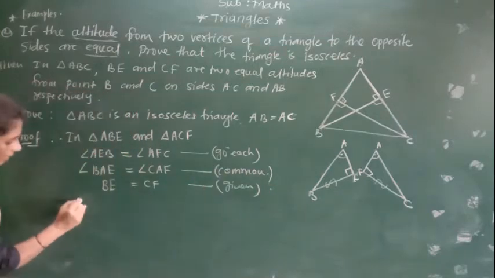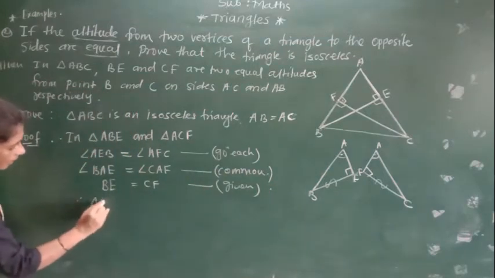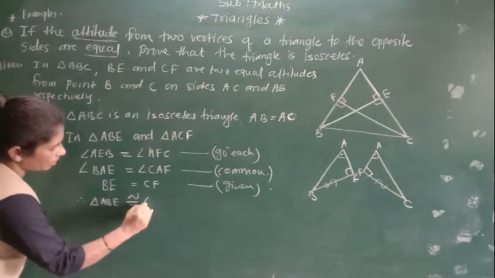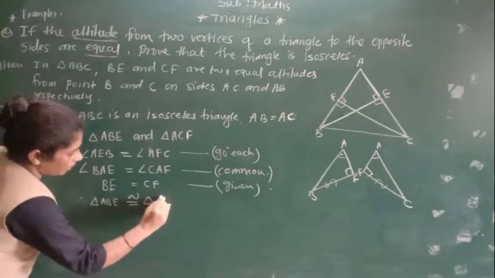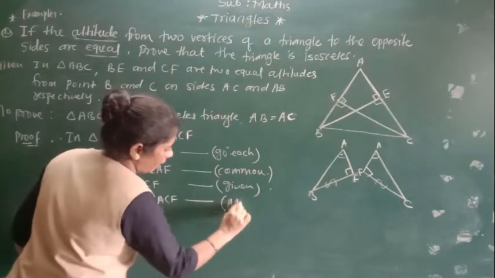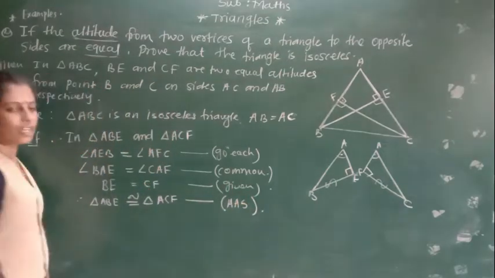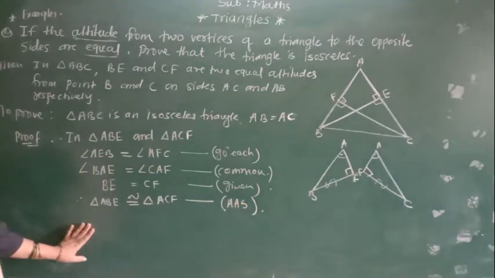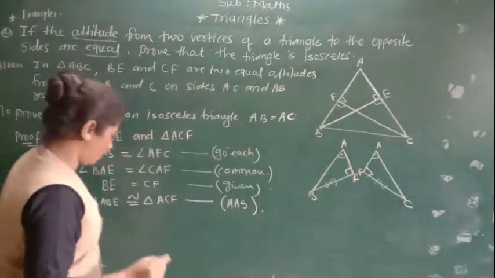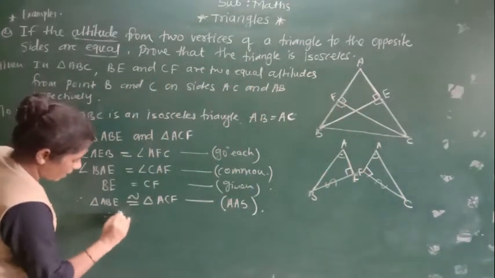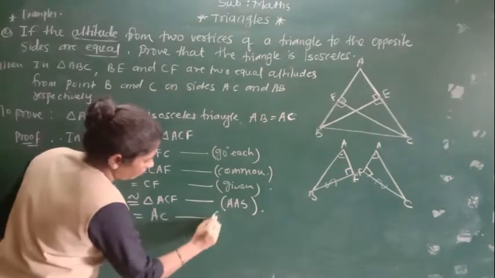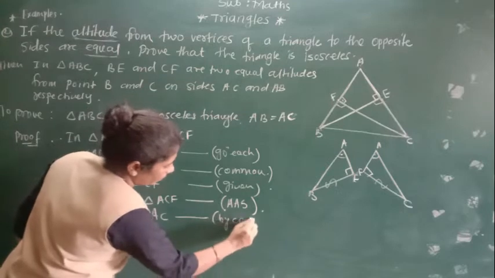So by which criteria? These two triangles, triangle ABE is congruent to triangle ACF by AAS congruence criteria. These two triangles are congruent, and by simplicity what can we write? AB equals AC, and hence we write AB equals AC by CPCT.